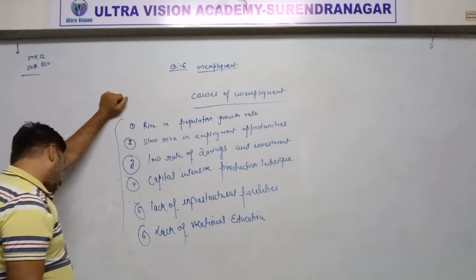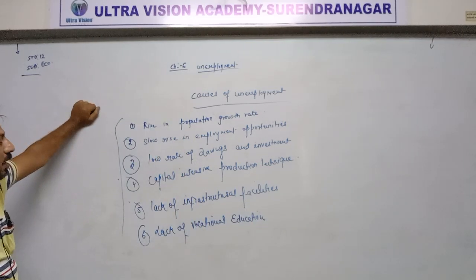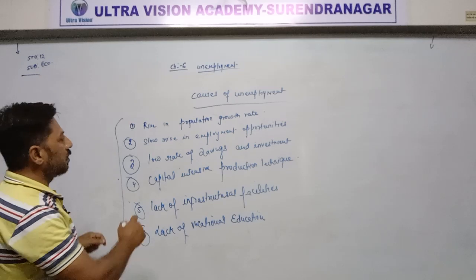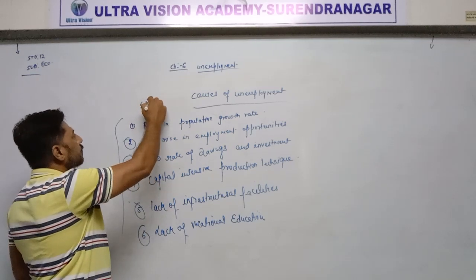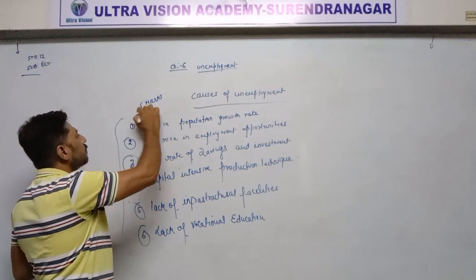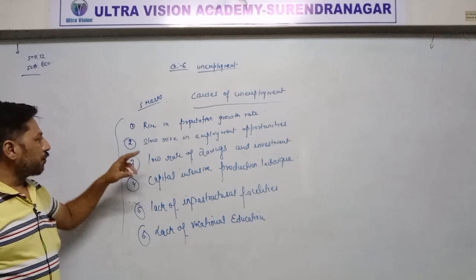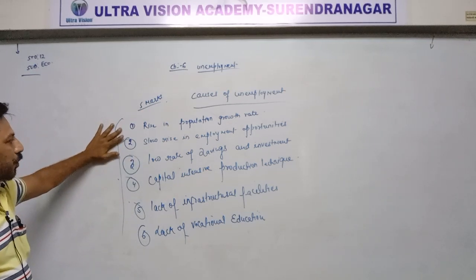So around 8 to 9 points are given. Out of those 8-9 points, you can take any 5 points for explanation for 5 mark question. So this is 5 mark question. But different reasons are there, but out of those reasons I have taken 5 points for explanation.